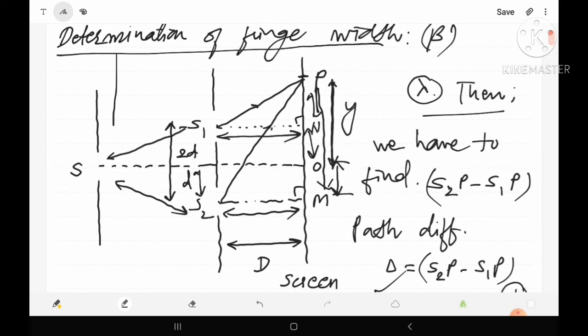the nature of the fringe at point P depends on the path difference between the waves reaching from S1 and from S2. Now, as we have seen in the interference topic, if the path difference is an integer multiple of lambda, then the intensity is maximum, means bright fringe.